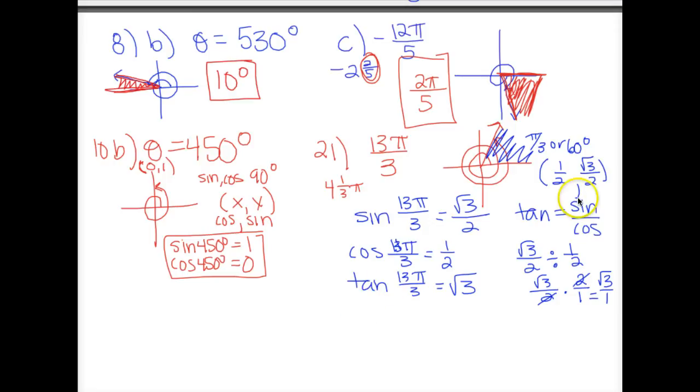The only one left is activity 33. On this one, the first couple are just asking you where things are positive and negative and whatnot. So the next one that I want to do is number 8, where you're using your Pythagorean identity.